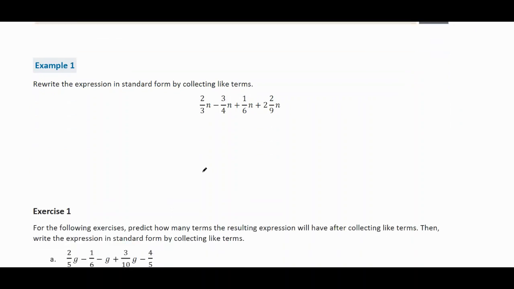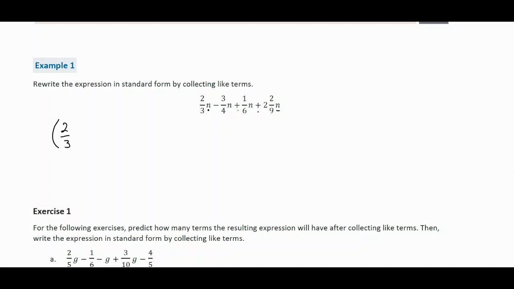Now this one says, rewrite the expression in standard form by collecting like terms. That is the instruction. As you can see, all of the given variables are the same, which is n. So let us factor that out first so that we can just focus on the given fractions.